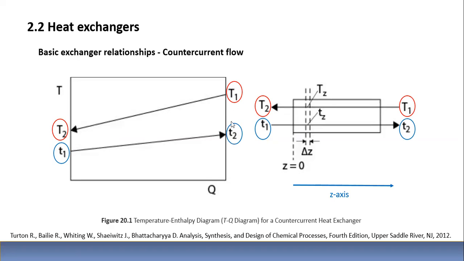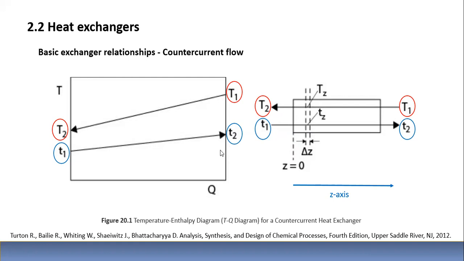Since the flow is countercurrent, we will have a delta T in here between these two and a delta T in here, these two as well. So if this is position 1 and this is position 2, there will be a delta T for position 1 and a delta T for position 2.